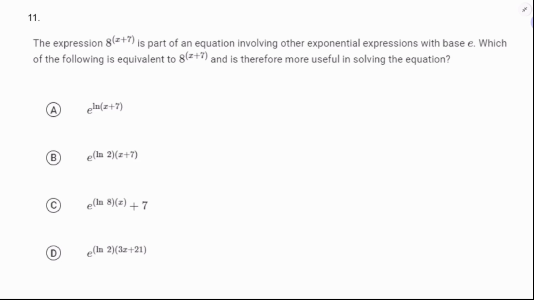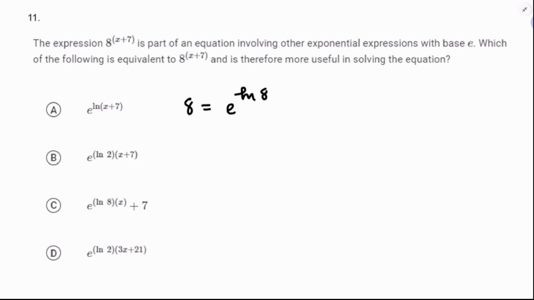Okay, so what we need is to write 8 as e to a power, right? Because we're always starting over here with a base of e. So it's going to be e to the natural log of something, based on the answer choices. And oh yeah, they undo each other. So that's e to the natural log 8.